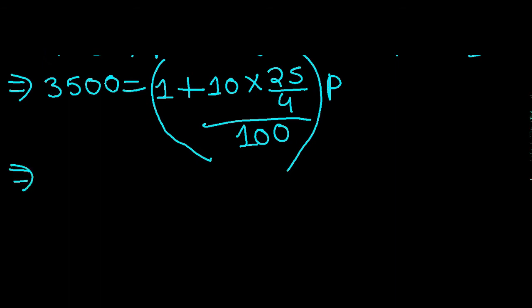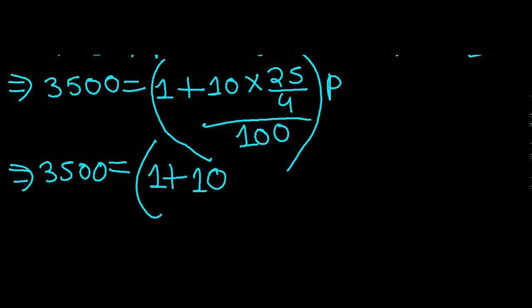So let's solve this. 3500 is equal to 1 plus 10 into 25 by 4. So we will write it as 10 by 100 into 25 by 4.